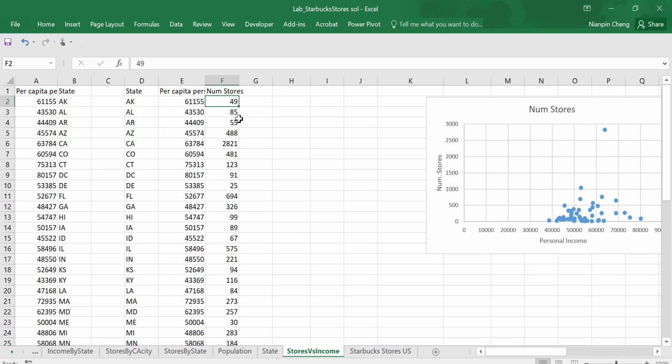So here we think, how about instead of using this variable number of stores per state, we use number of stores per, say, 10,000 people in that state. Okay, so we need another column to calculate per, say, 10,000 people. So we need population data.